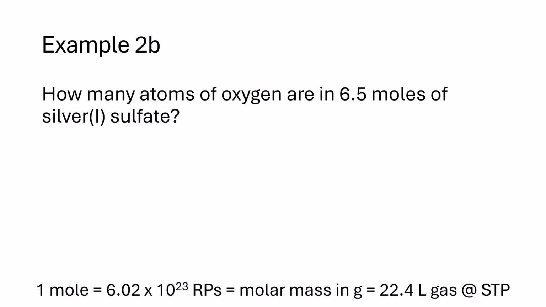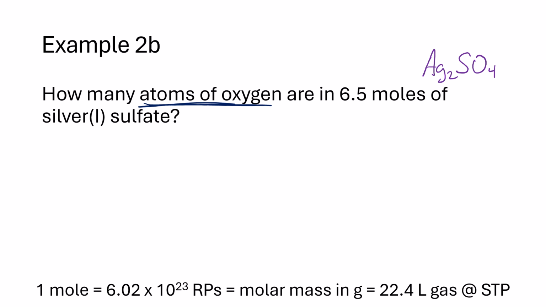Example 2b is very similar to example 2a, but let's really look into it. How many atoms of oxygen are in 6.5 moles of silver sulfate? So on the previous problem, we found that silver sulfate looks like this.